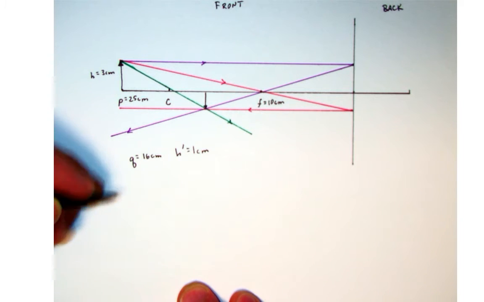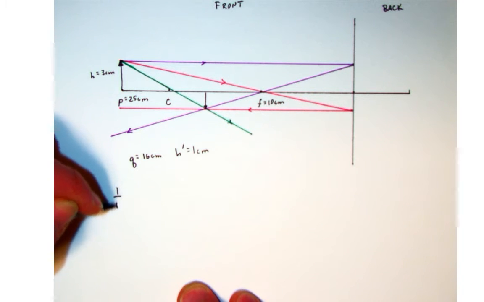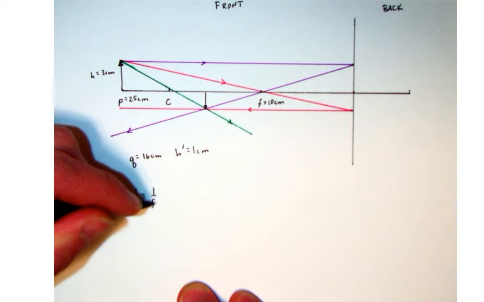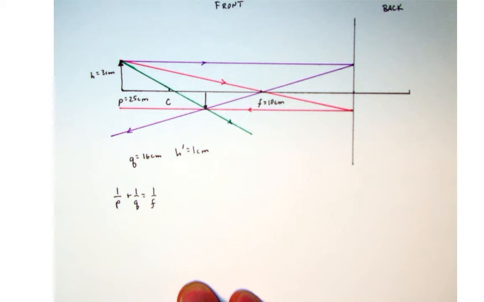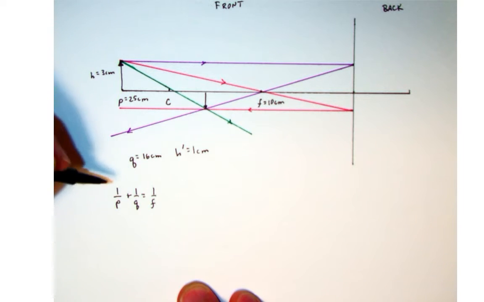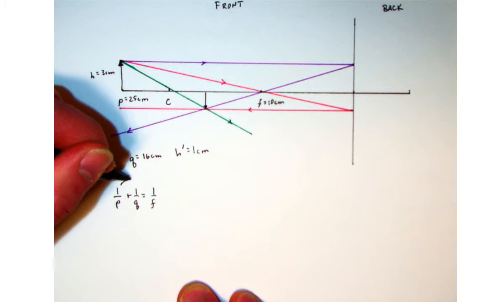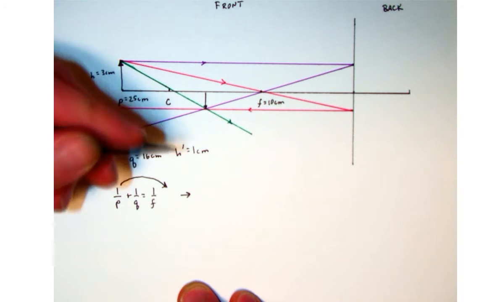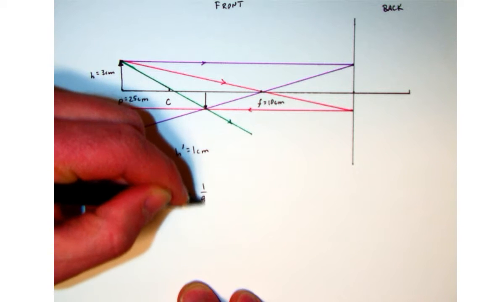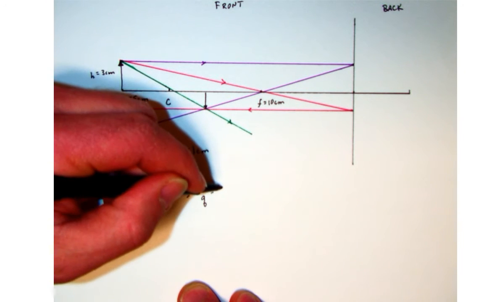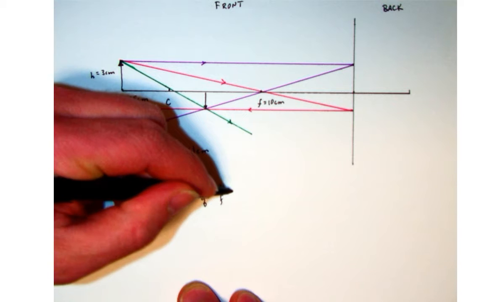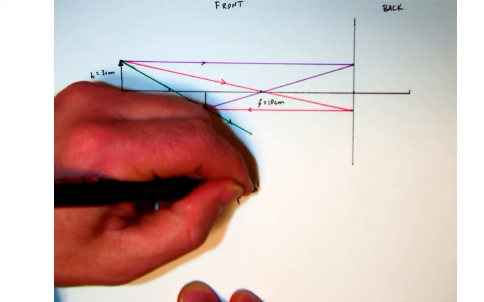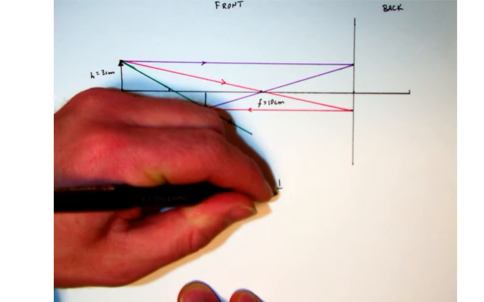The mirror equation is 1 over P plus 1 over Q equals 1 over F. I want to find 1 over Q, so I'm going to bring 1 over P over to the other side. And so what I end up with is 1 over Q equals 1 over F minus 1 over P. And that's going to be 1 over 10 minus 1 over 25.